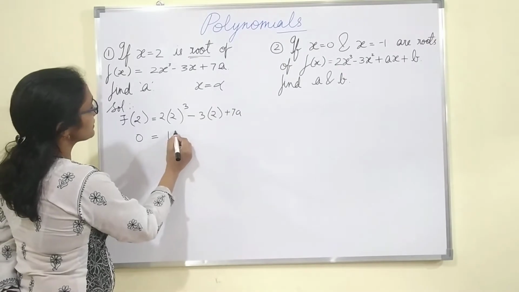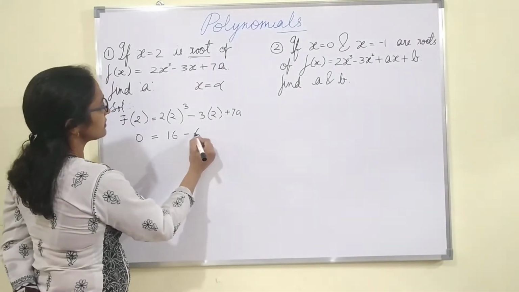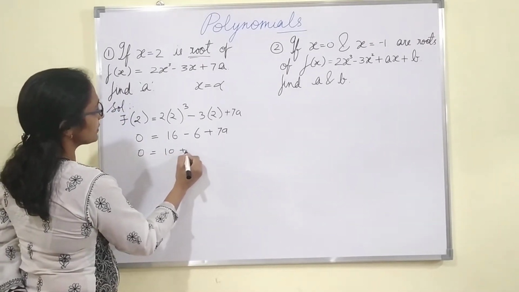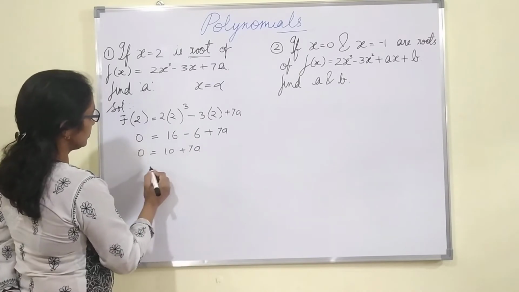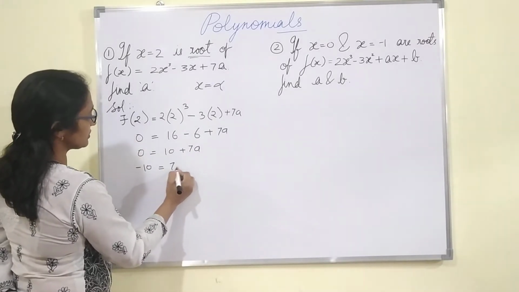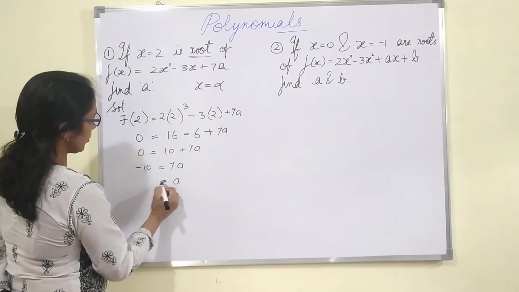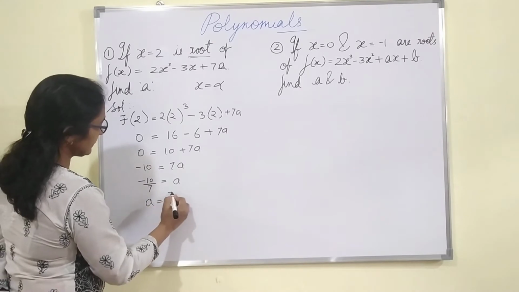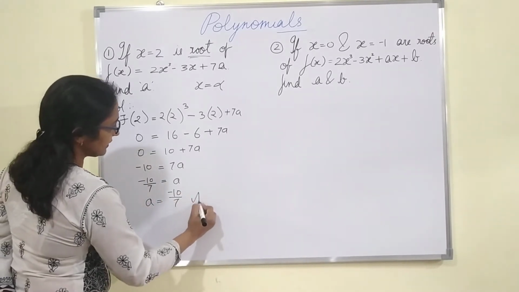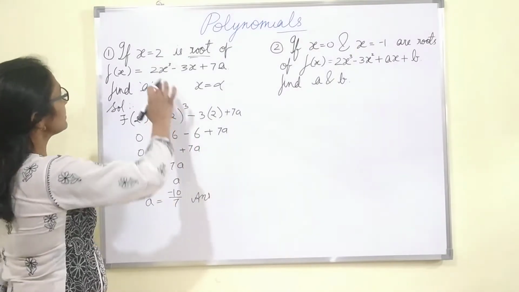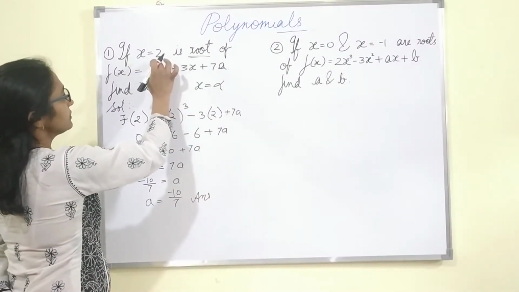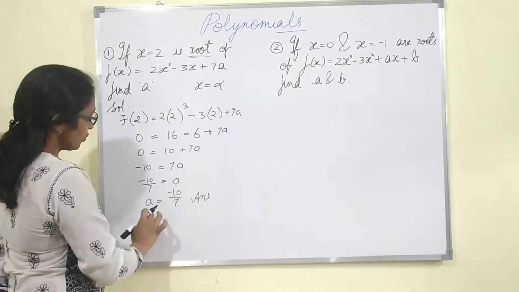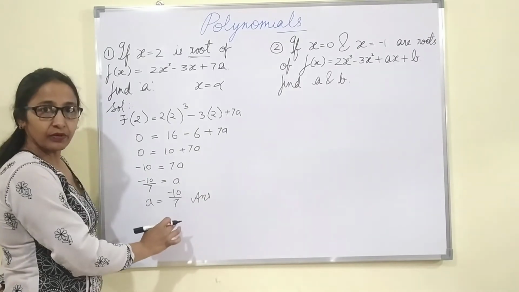It will become 16 − 6 + 7a, so 0 = 10 + 7a. So −10 = 7a, so a = −10/7. So the value of a is −10/7. It's our answer. It means if x = 2 is a root of this polynomial, the value of a will become −10/7.